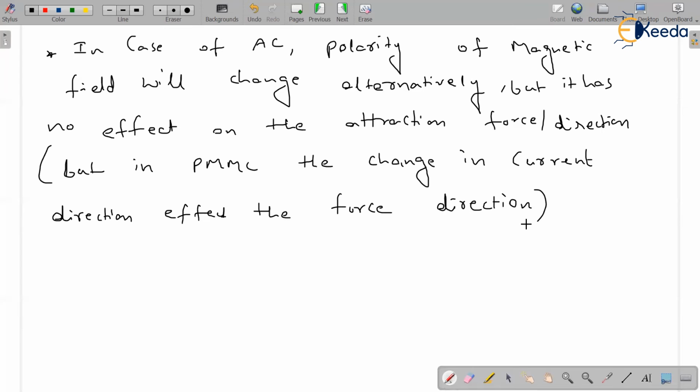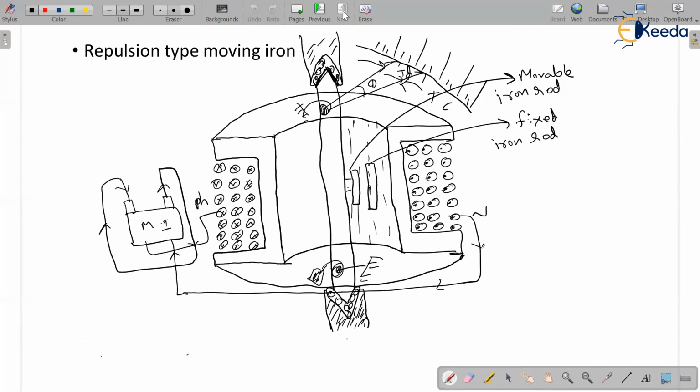So then let's start. Our next topic is the repulsion type moving iron instrument. See, the principle is the same, but if we make a 90 degrees shift to the attraction type instrument, then it is the repulsion type instrument.